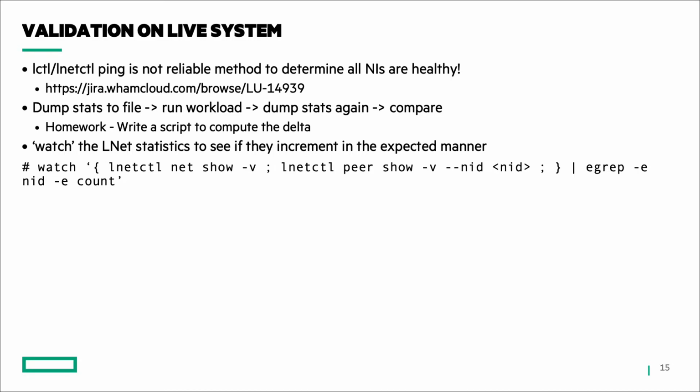And similarly, you can watch these stats on a live system in real time. Usually if there's a problem, it's pretty apparent because you'll see the stats incrementing for some subset of your interfaces, but not one of them. And so that indicates that, okay, I need to go look at that particular interface where I'm not seeing those stats increment.